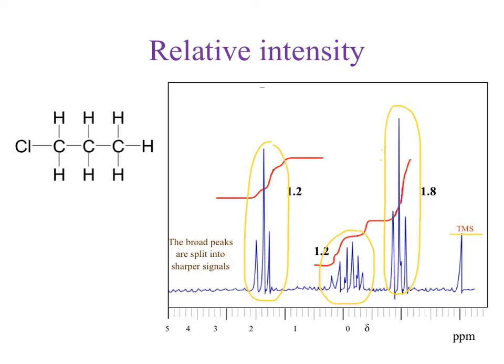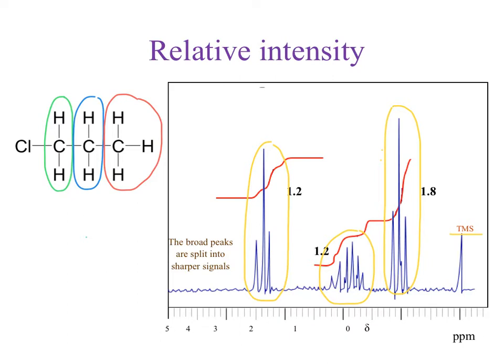If I colour code them, I've got some green hydrogens, some blue hydrogens, and 3 red hydrogens here on the end. So 3 groups of equivalent hydrogens are causing 3 main peaks on our spectrum.